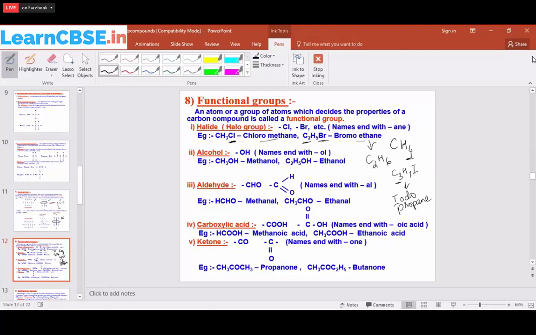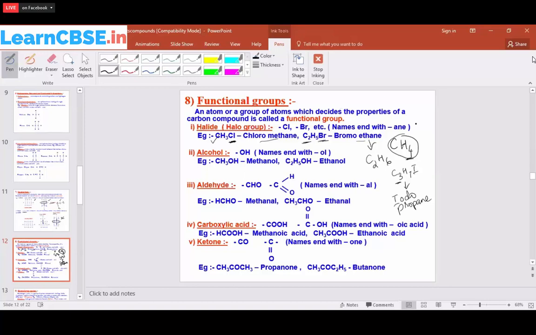What is the use of substituting this functional group? CH4 is nothing but a gas. But in the place of one hydrogen atom, we introduce one chlorine atom. So chloromethane is a liquid, and it is also a polar compound. We use it as a solvent here; we can dissolve more polar molecules.